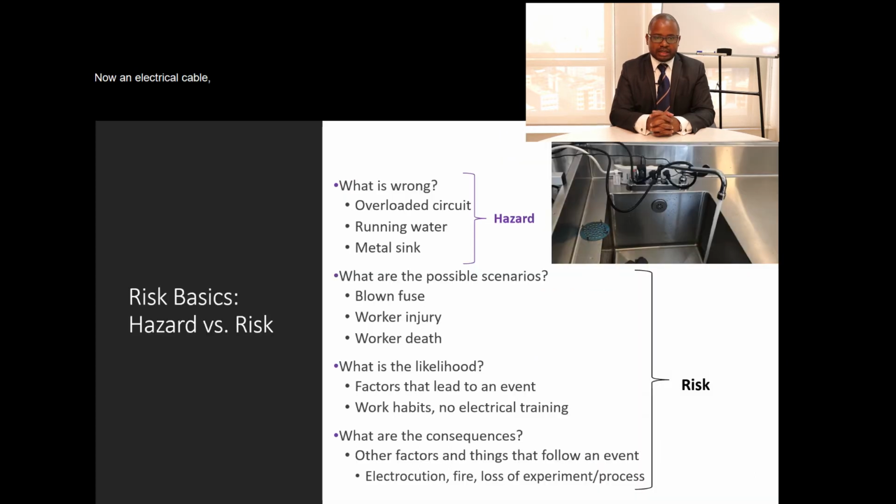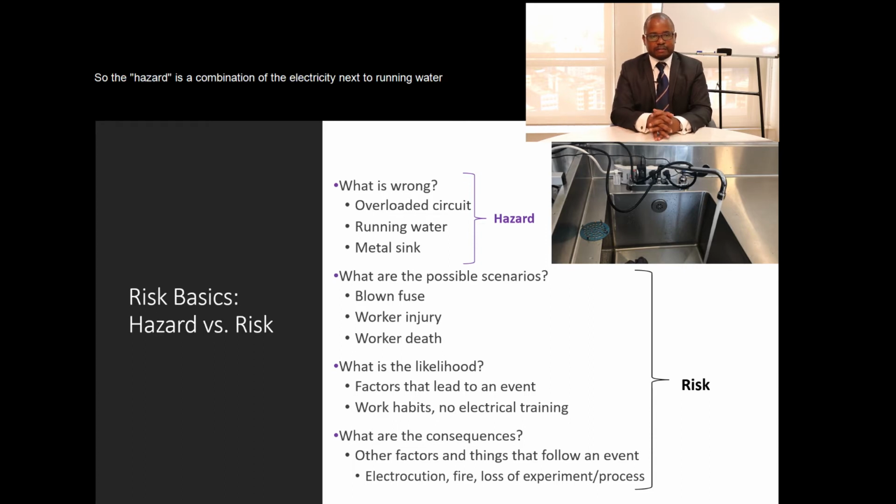Now, consider an electrical cable passing over a sink, and the sink is metallic. We can pull out what the hazards are, the things that have the potential to cause harm. Water touching the cable would result in a short circuit, and the sink, which is conducting metal, can conduct electricity, and anyone touching that sink could actually be harmed.